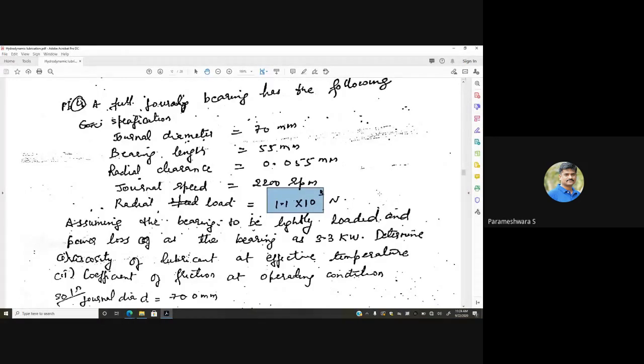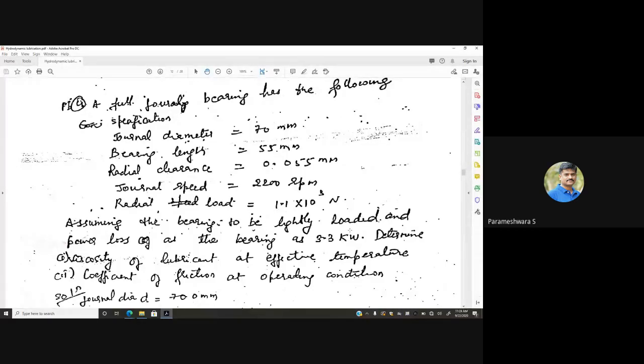Strictly speaking, it will not fall under the category of lightly loaded bearing. But the problem itself tells us to solve it assuming it is a lightly loaded bearing. Since they have insisted on considering it as lightly loaded, we'll go ahead with the problem instruction.